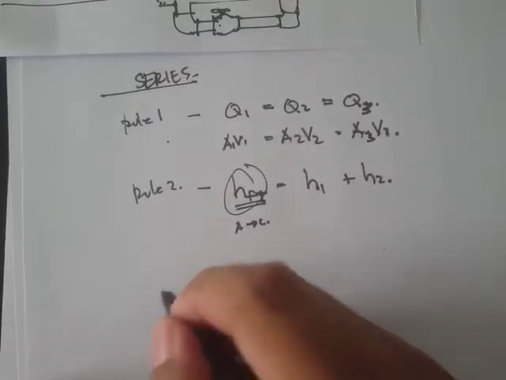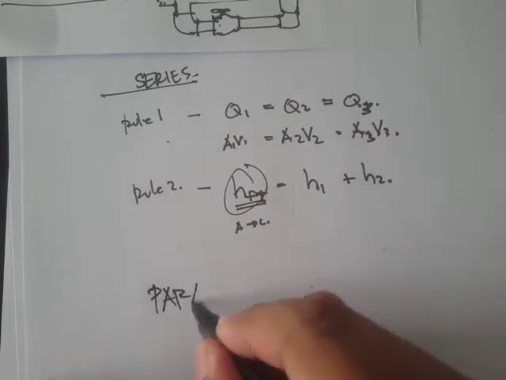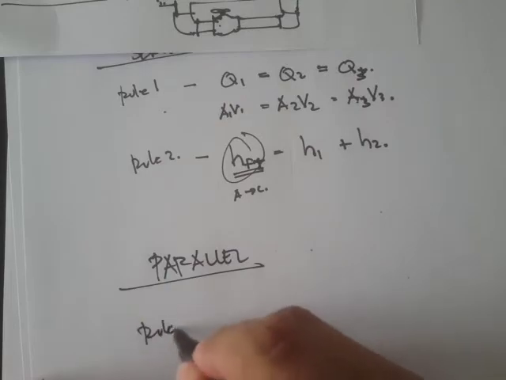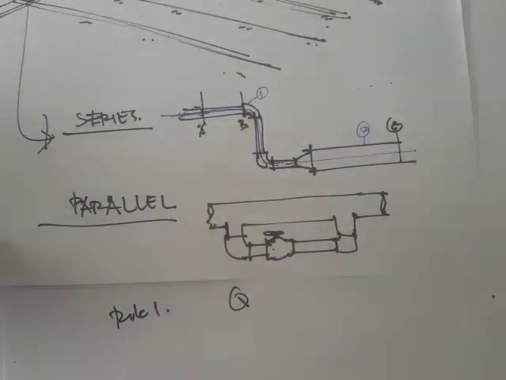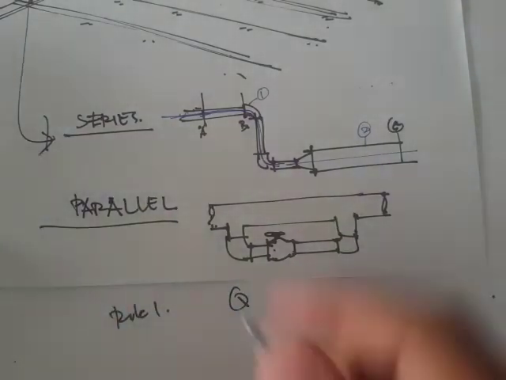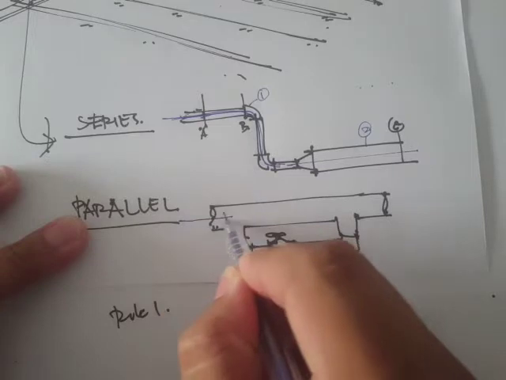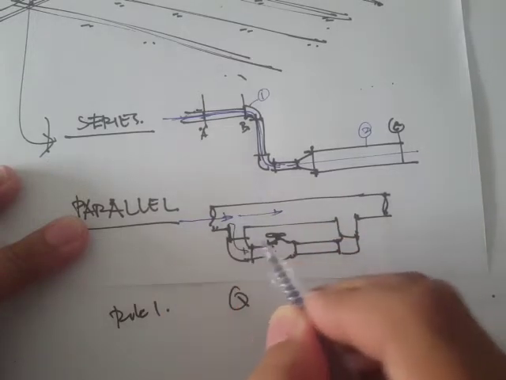Now let's go to the parallel connection. For rule number 1, in terms of flow rate, if this is our main line, the water enters here, and then it branches into this bypass.